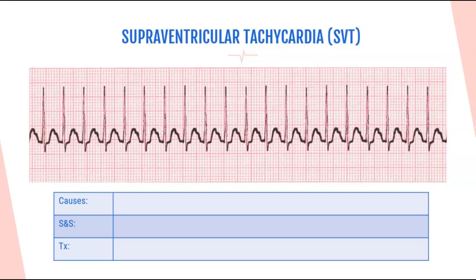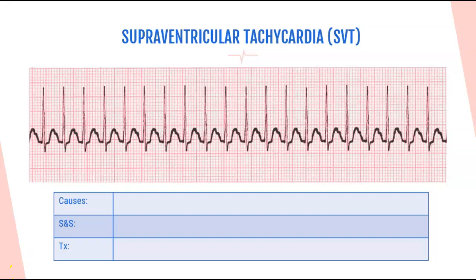Causes of SVT include drugs, alcohol, stress, smoking, and hormone imbalance. It's common in young people, especially in women. Signs and symptoms include angina, palpitations, lightheadedness, dyspnea, anxiety, and altered level of consciousness.